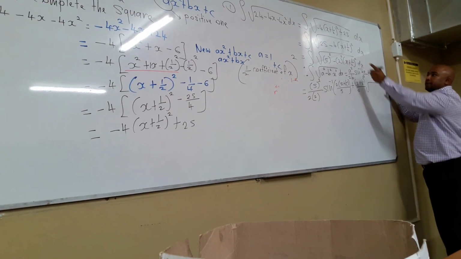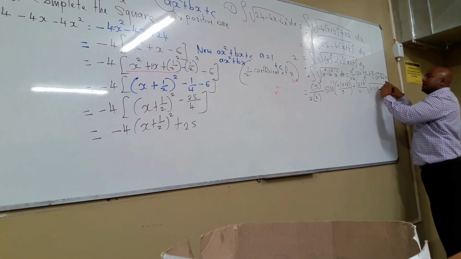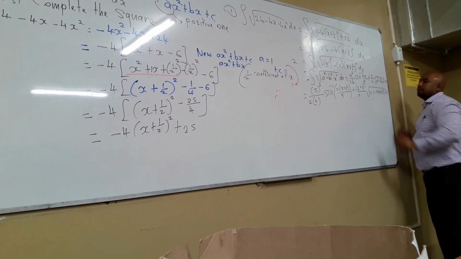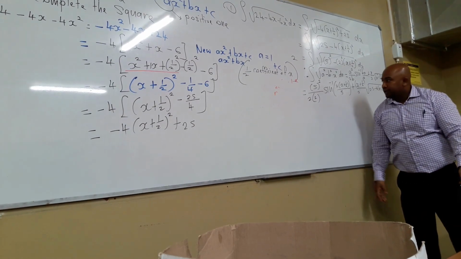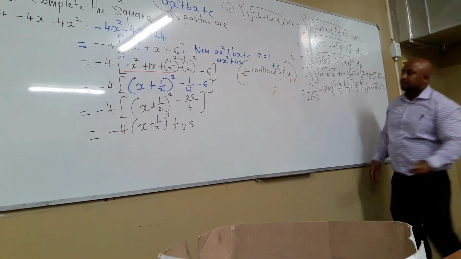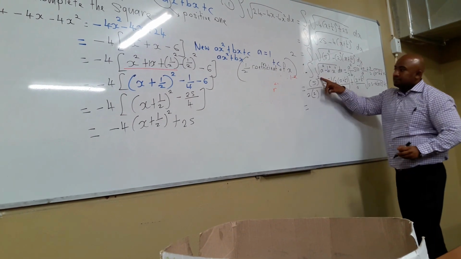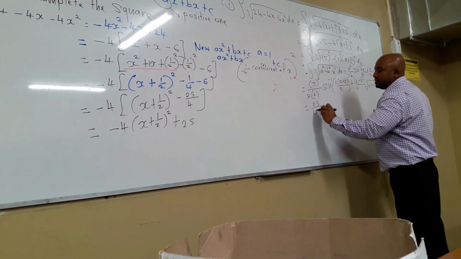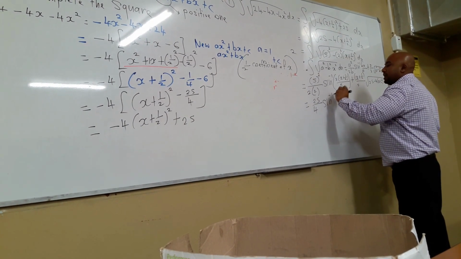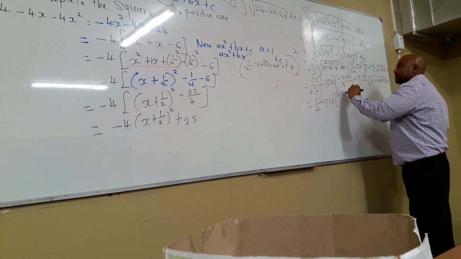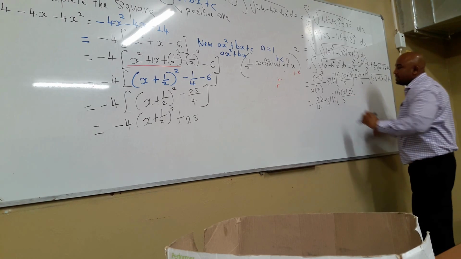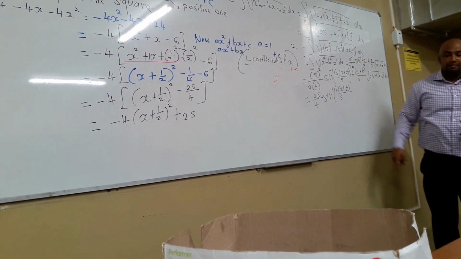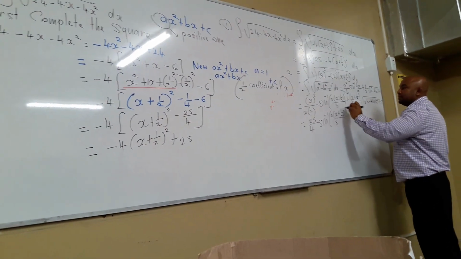And here we copy down the same thing, which is 25 minus 4 into x plus half, all squared, plus c. Do we need to simplify only this part here? 5 squared, that's 25, 2 times 2 there is 4, and I just copy down the rest. But this is the easy part. That is the difficult part. This is just copying down.